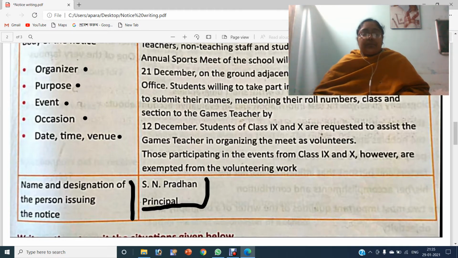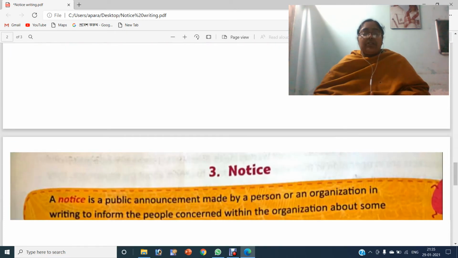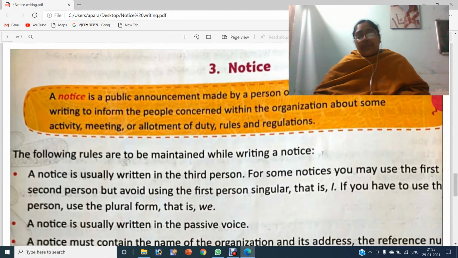Now coming down, let's see what I have sent you. See here. Before writing a notice, you should know why you are writing a notice. What is a notice? Just see here.